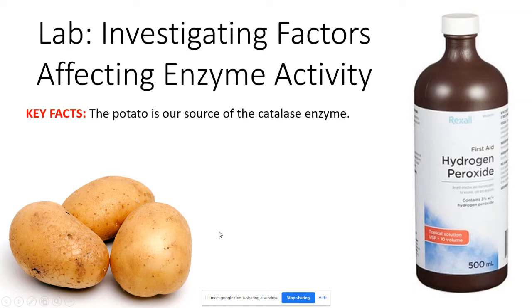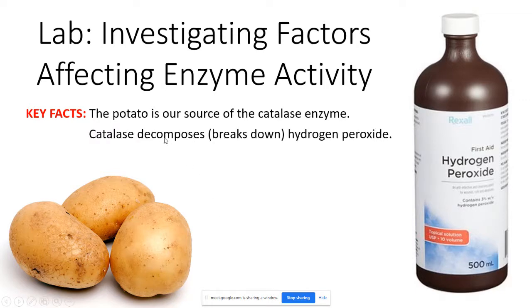And the point of the catalase is that it's going to decompose, which is a fancy way of saying break down, hydrogen peroxide. Now, hydrogen peroxide is a molecule that your body makes as a natural waste byproduct, but you don't want it to stay as hydrogen peroxide within your body, so you'll want to break that one down.